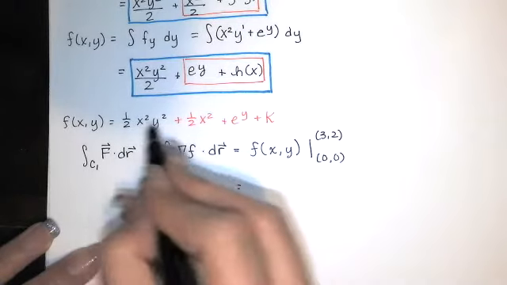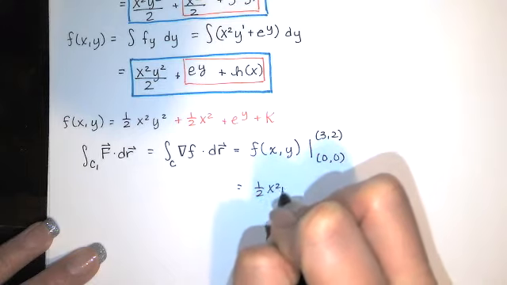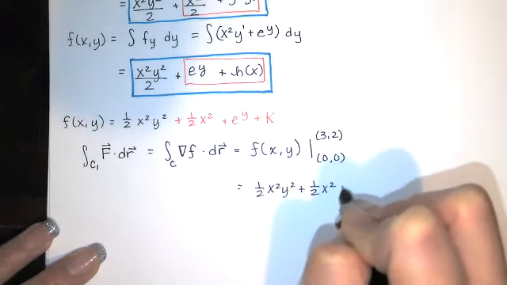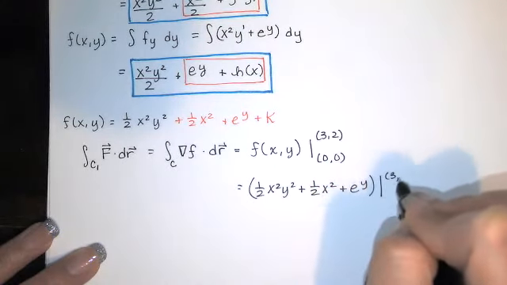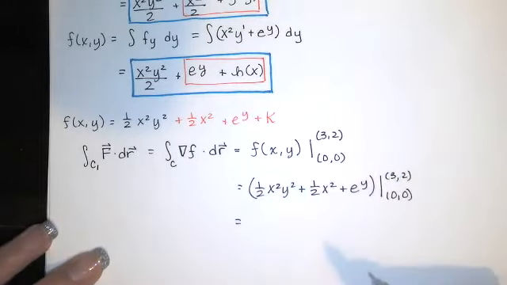And f of x, y is this, and I don't really need my k. So I'll say 1/2 x squared y squared plus 1/2 x squared plus e to the y. And I'll evaluate that at (3, 2), and I'll evaluate that at (0, 0), and subtract.